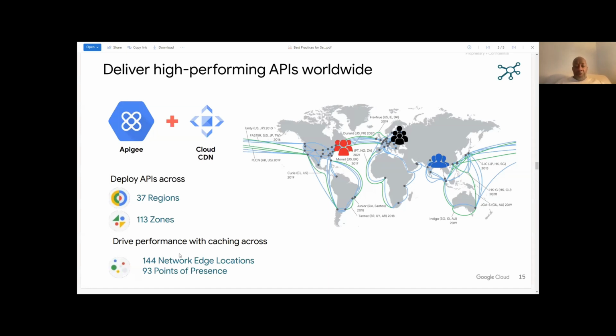Apigee will work such that when you're making a request, it'll be routed to the closest location for an Apigee instance to reduce any latency or performance issues. Next slide.